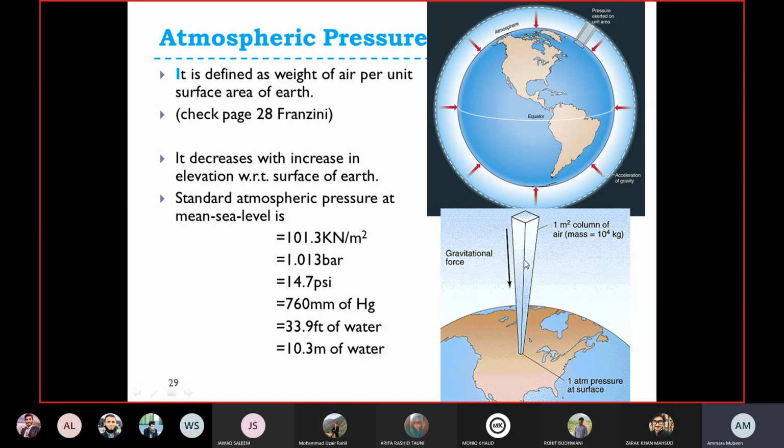So this atmospheric layer thickness will keep on decreasing, and since the thickness is decreasing, the force or weight per unit area is also decreasing. Since the thickness of the atmospheric layer above the point is decreased, the weight per unit area would be lesser as compared to the surface of the earth.